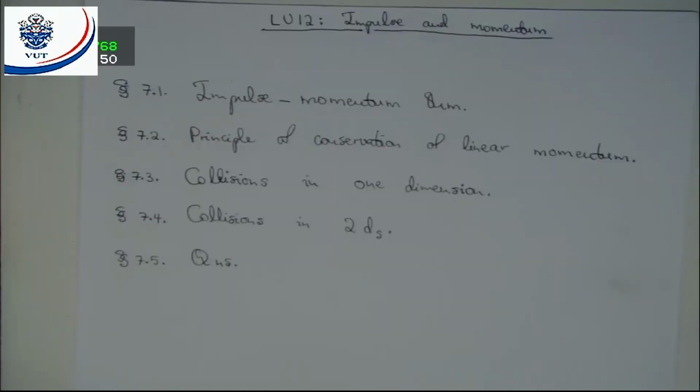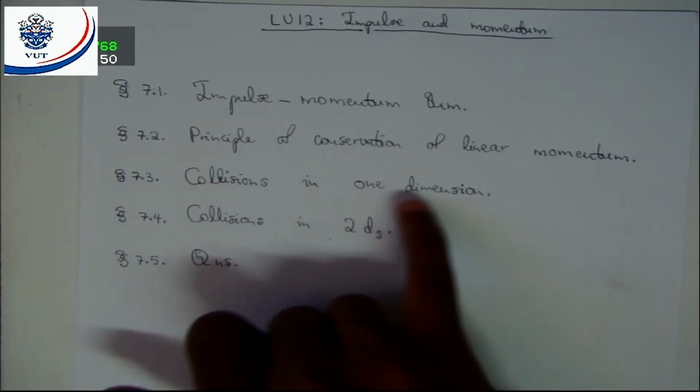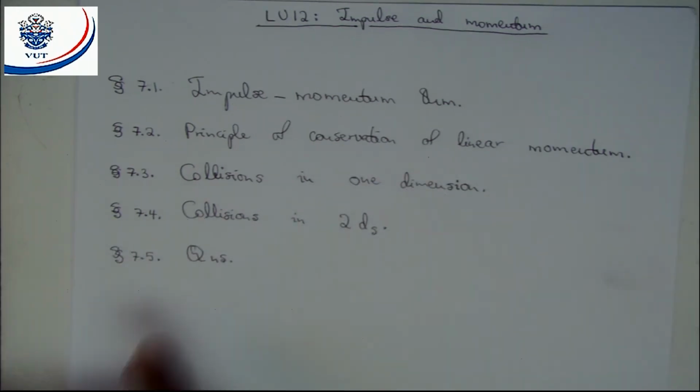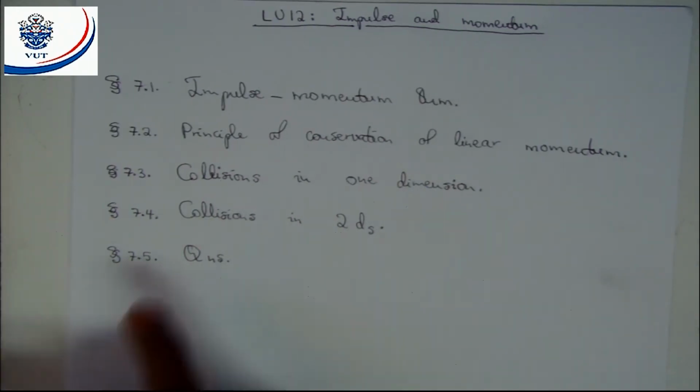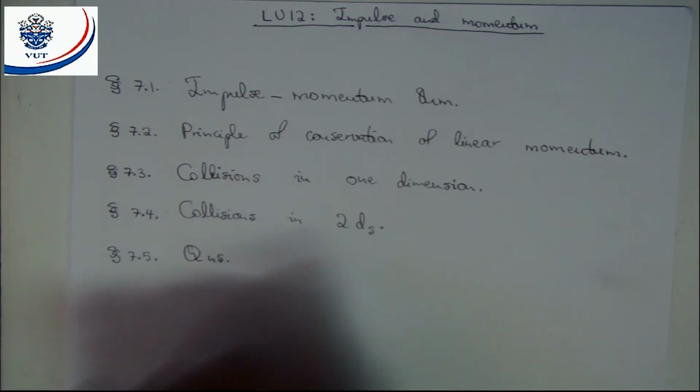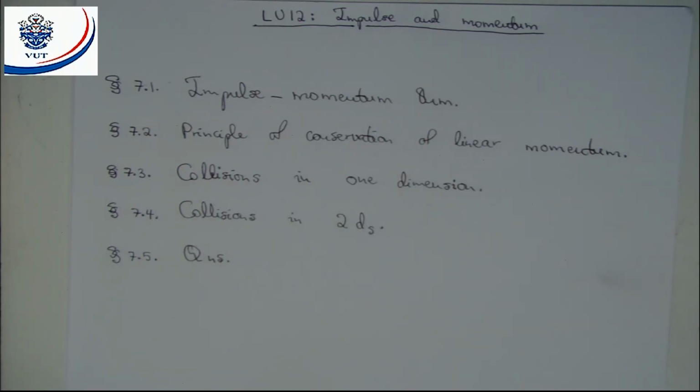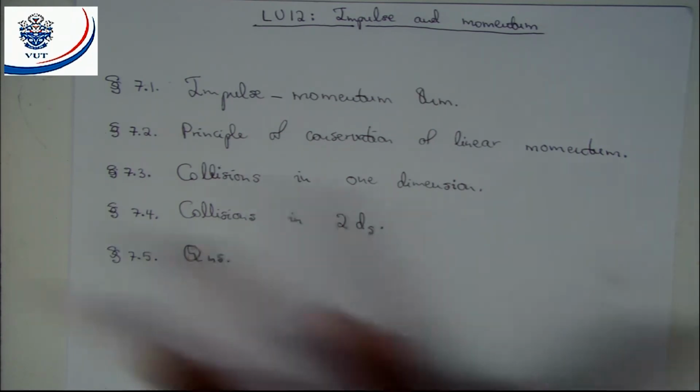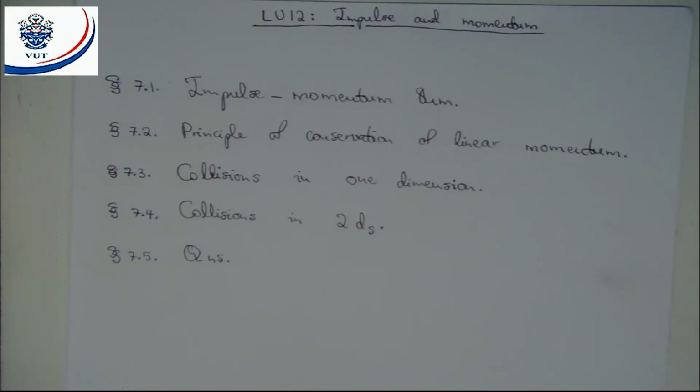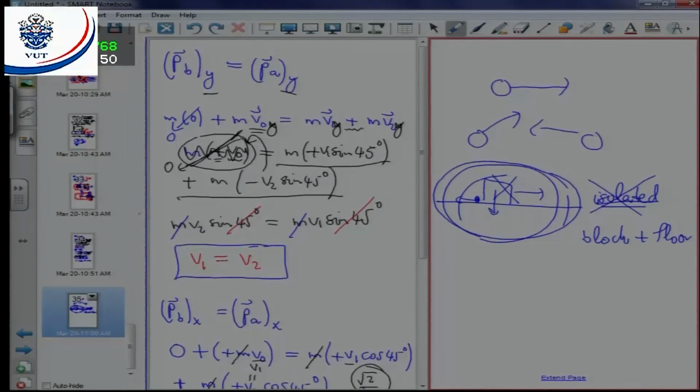And then we studied collisions in one dimension, and we studied collisions in two dimensions. And here we used an example of the pool table, someone playing the black ball. And then there's two more things that we need to discuss, which are part of the syllabus. So those two more things are the following.